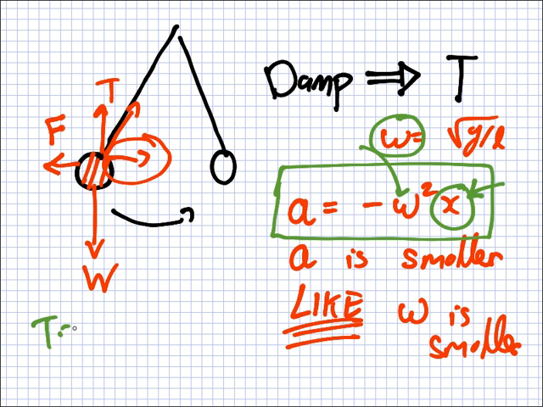So if you look at the formula for 2 pi over omega, if the omega is smaller, what is the effect on the T? It's bigger. Now that kind of makes sense if you think about it. The pendulum swings back and forth.